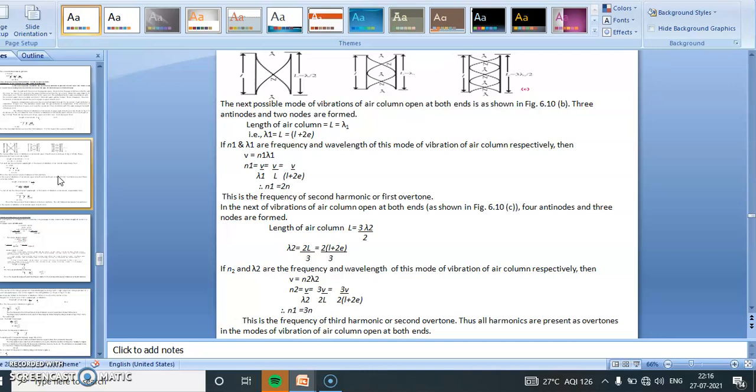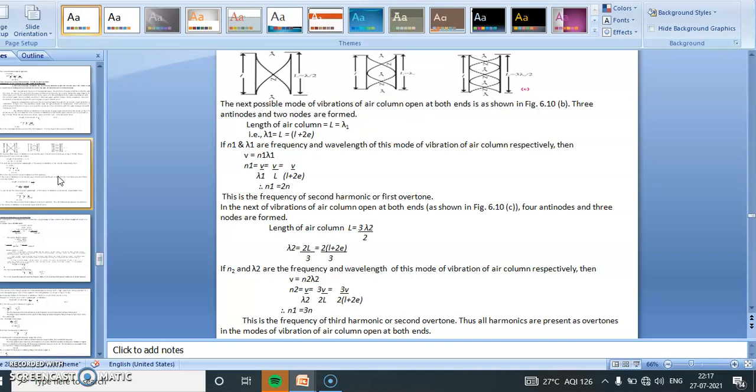If n1 and lambda 1 are the frequency and wavelength of this mode of vibration of air column respectively, then v is equal to n1 lambda 1. From this we can find n1. So n1 is equal to v upon lambda 1, equal to v upon L. So then we get v upon l plus twice e. Means here we get the frequency n1 equal to twice n. This is the frequency of the second harmonic or first overtone.